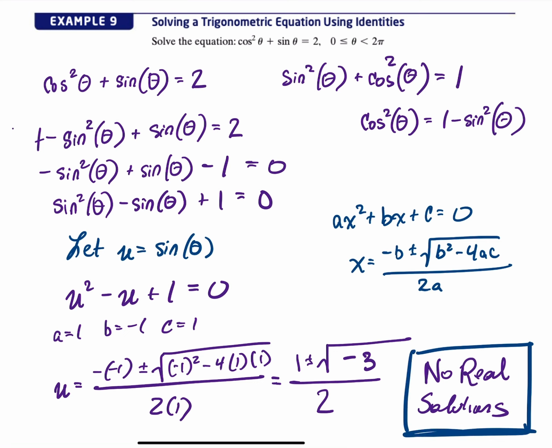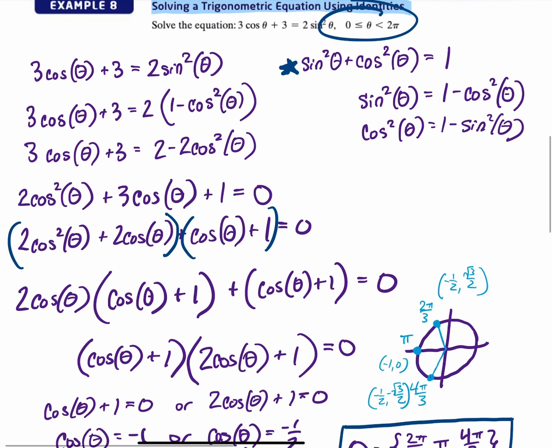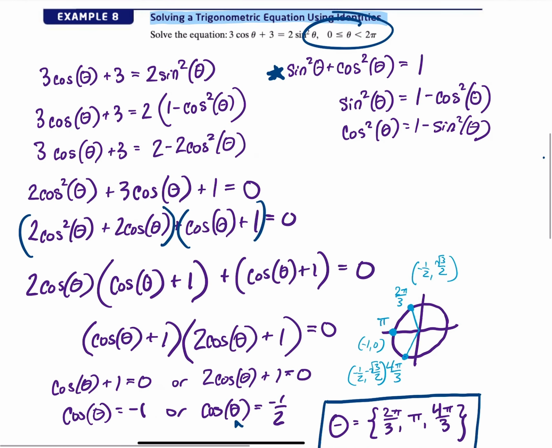So if you have to do this using the quadratic equation and you get some negative number under the square root, there will be no real solutions. So keep an eye out for that as well. So we saw these get increasingly more tricky, especially this last one, example 8, where we had to use an identity.